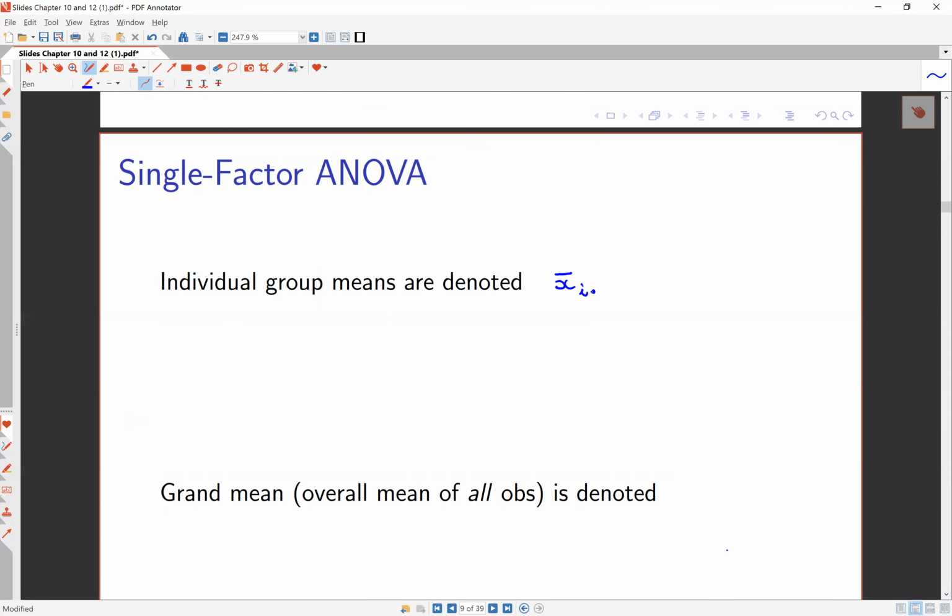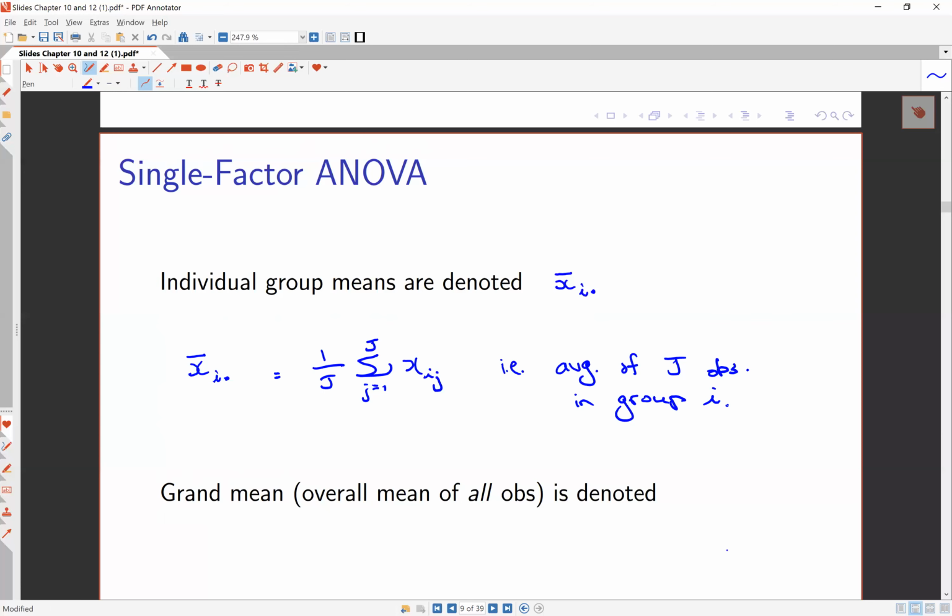So for example, if I look at x bar i dot, what I'm saying is I'm taking all the data in the ith group, and there are j observations like that, and I'm adding them together and then dividing by j. So in other words, I'm averaging the j observations in the ith group.